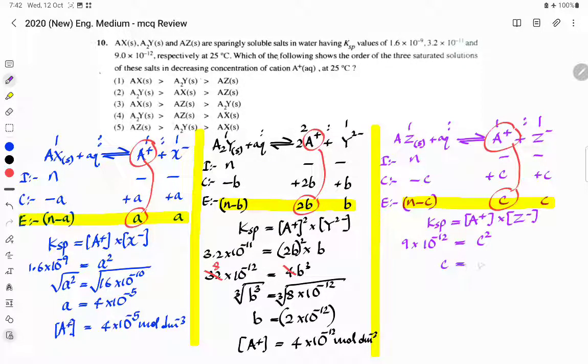The c value will be 3 × 10^-6. Since the A+ concentration is equal to c, A+ in this solution will be equal to 3 × 10^-6 moles per decimeter cube.